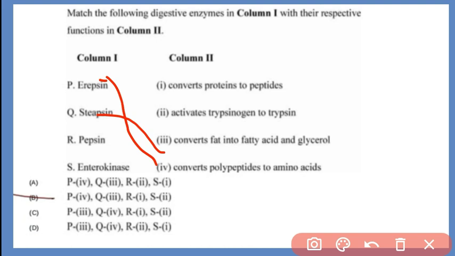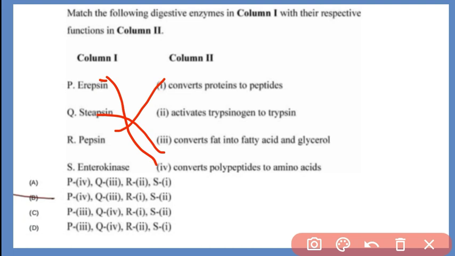Then pepsin. Pepsin is a stomach enzyme that serves to digest proteins found in ingested foods. Gastric chief cells secrete pepsin in an inactive zymogen form called pepsinogen. The parietal cells within the stomach lining secrete HCl that lowers the pH of the stomach, and so the pepsinogen is converted into pepsin. Pepsin converts proteins into peptides.